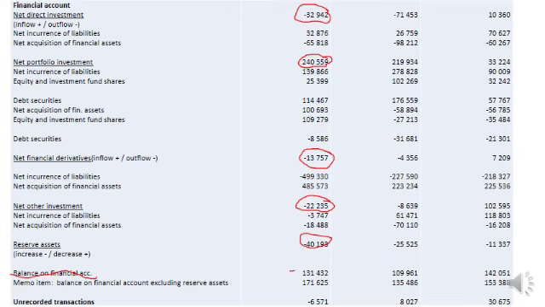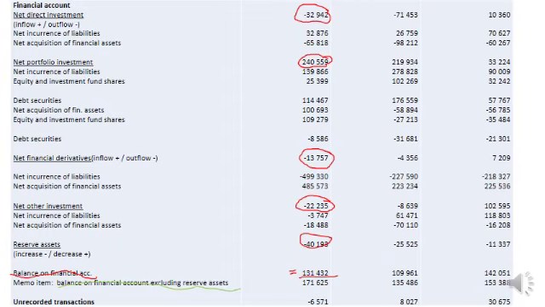So, if you take all these amounts that I've circled and you do it on your calculator, you'll see that you'll get the balance on the financial account. If you look at this memo item, the balance, excluding reserve assets, the only thing we don't take into account is the reserve assets amount.